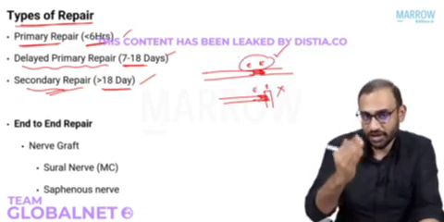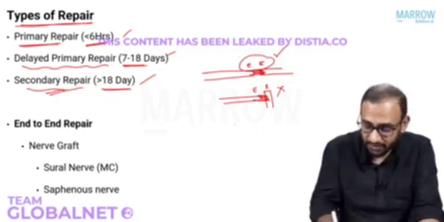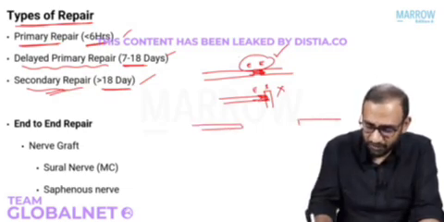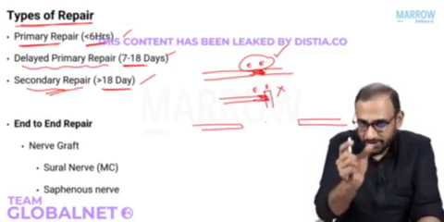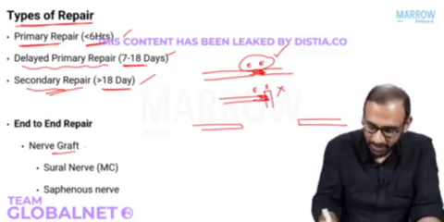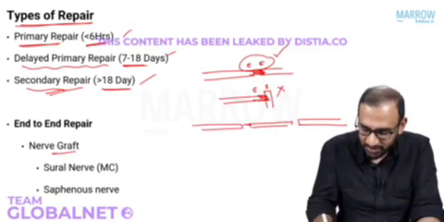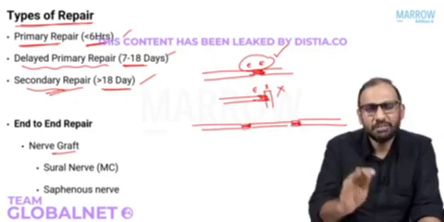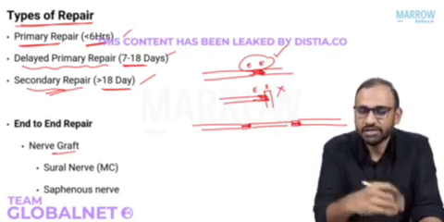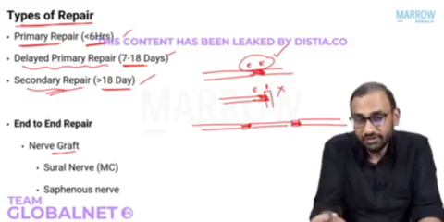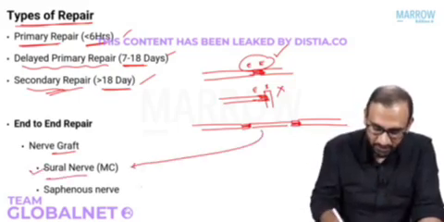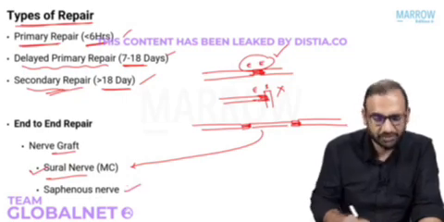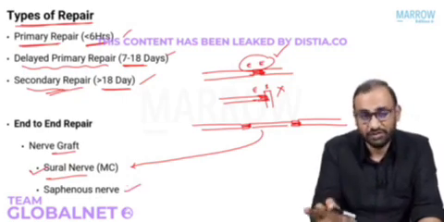Now, sometimes when the nerve is injured, the nerve fragments move so far away from each other that they cannot be approximated. In those cases, you need to put a graft. You need to put a nerve graft in the middle so that you can repair them. Sometimes, not in the recent past, they have asked MCQs, which nerve will you use as a graft? The most commonly used nerve is the sural nerve, the other is the saphenous nerve. This will help you answer a few MCQs.